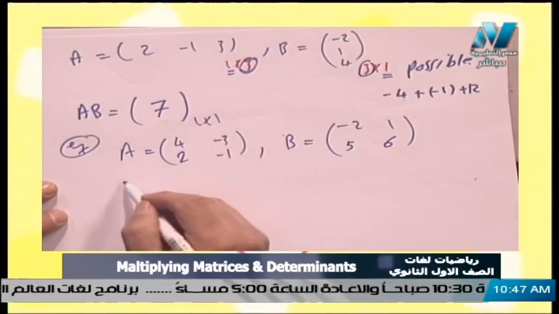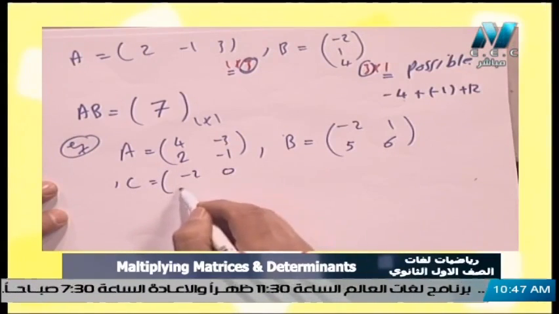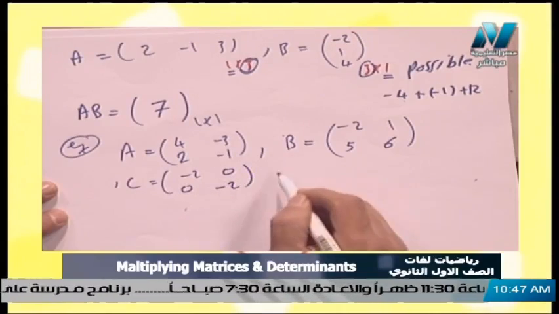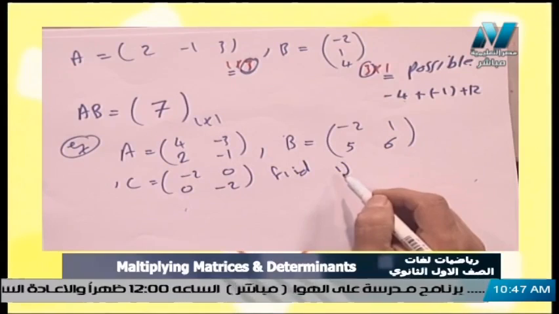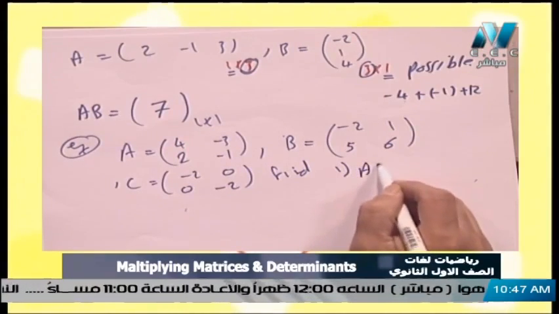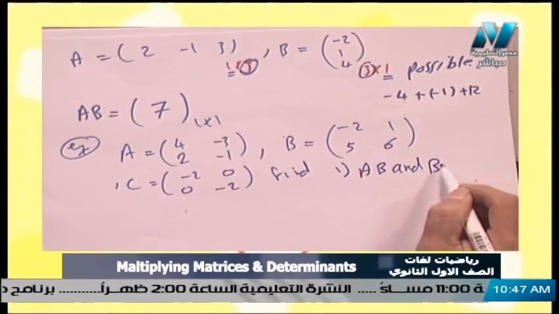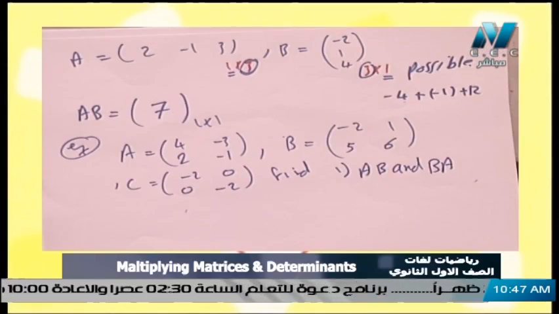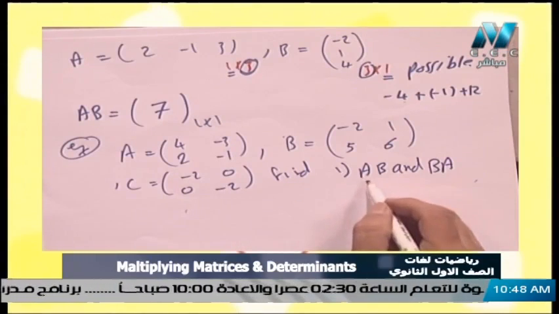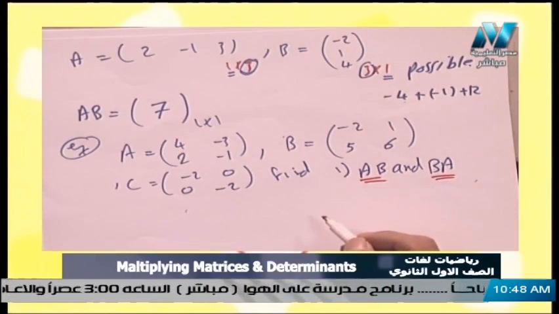And we have C also equals negative 2, 0, 0, negative 2. Find number 1, AB and BA. Okay. First, we will try to find if it is possible to find AB or not, and also BA.